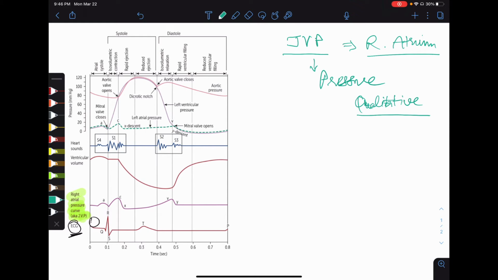Now in the JVP there are positive waves, that is the A, C, V, and there are the negative descents. Negative ones are called descents, and that is the X going downwards.